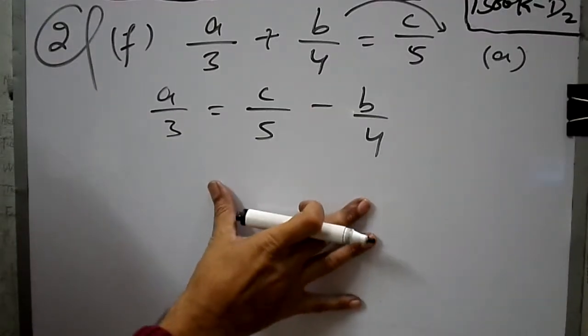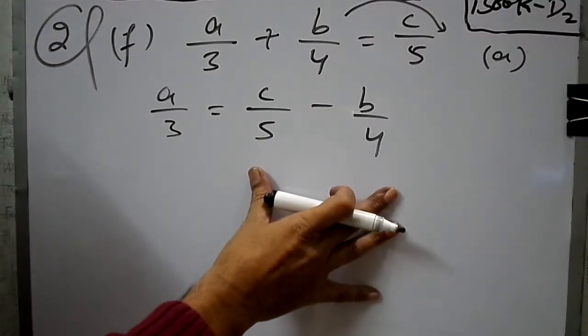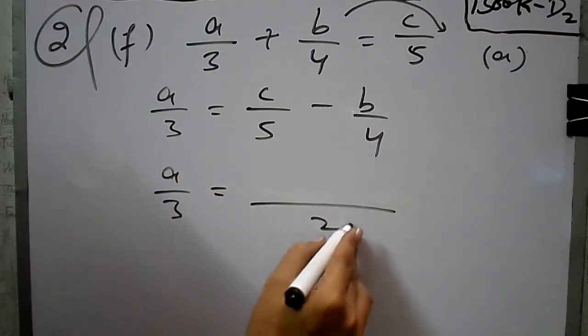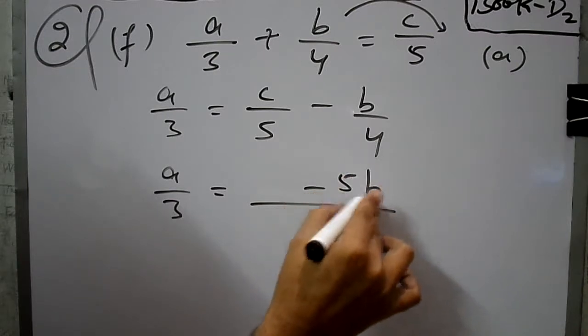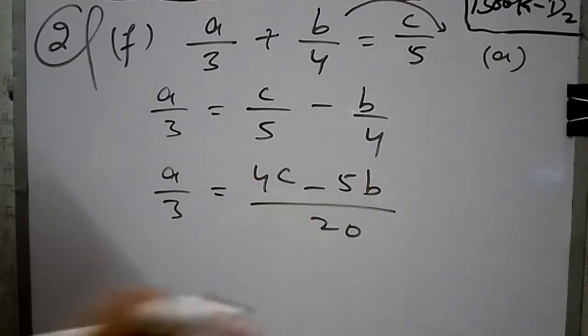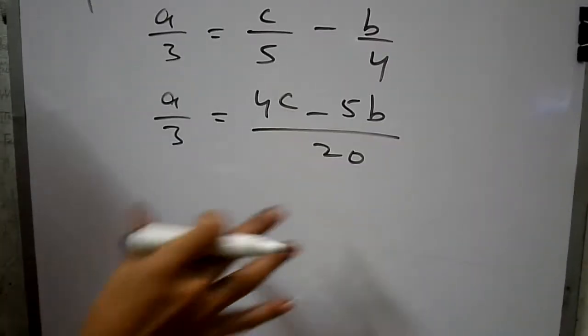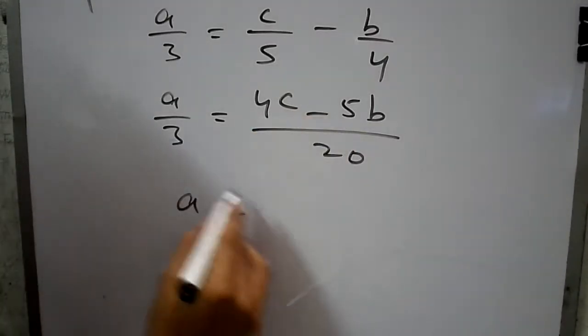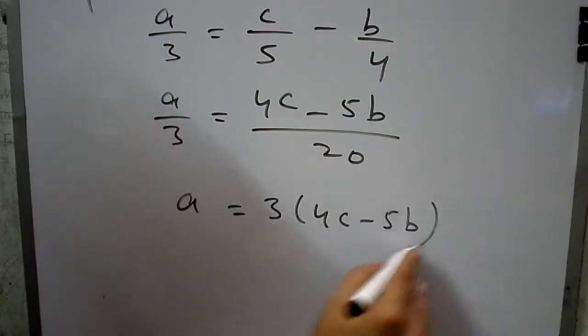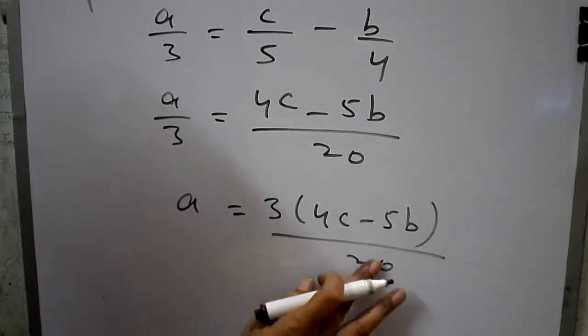Now you can find the LCM also, so that is your simplified form. In further steps, by using cross multiplication, you need the value of A only, so 3 into 4C minus 5B divided by 20.